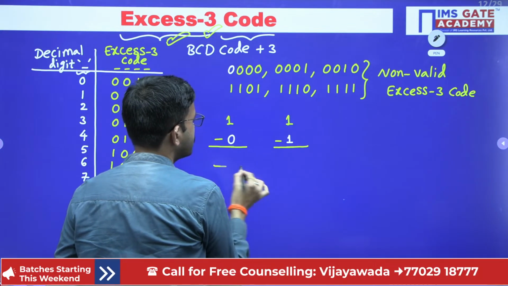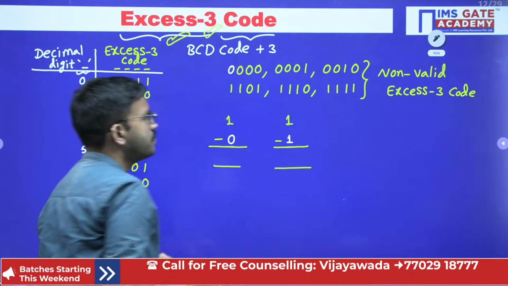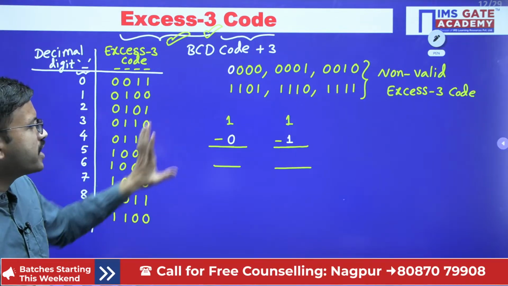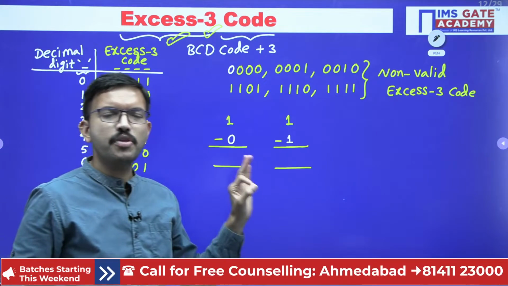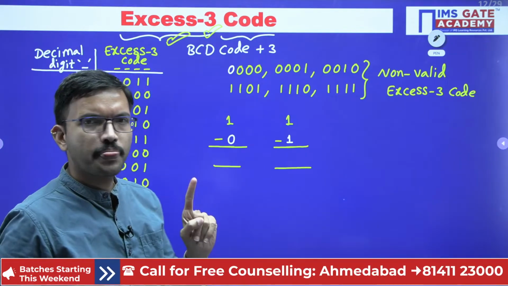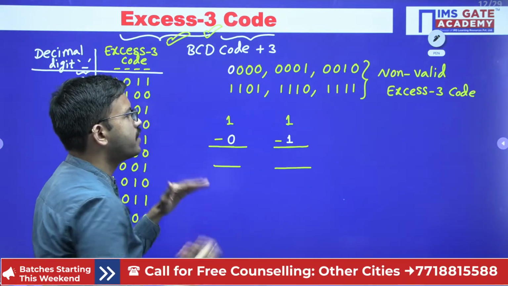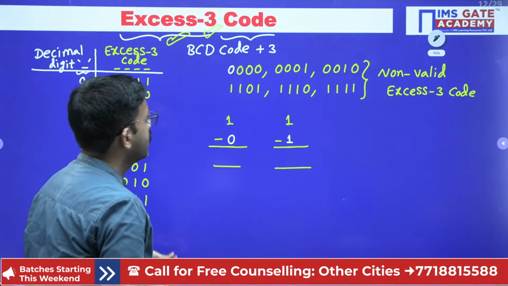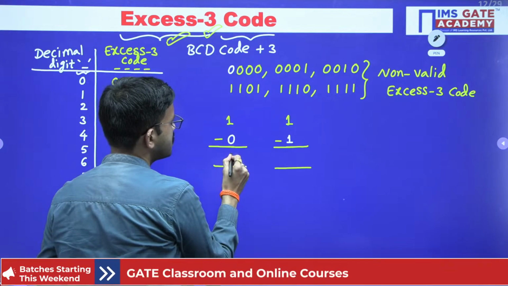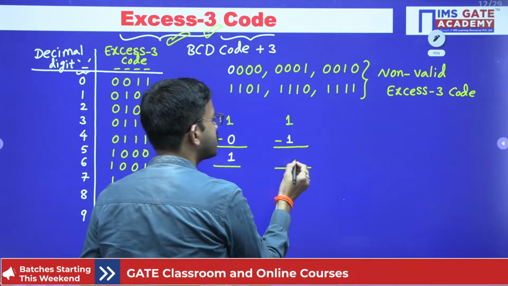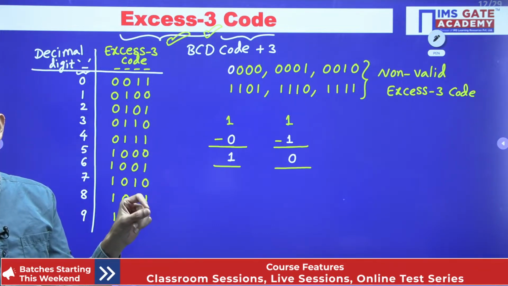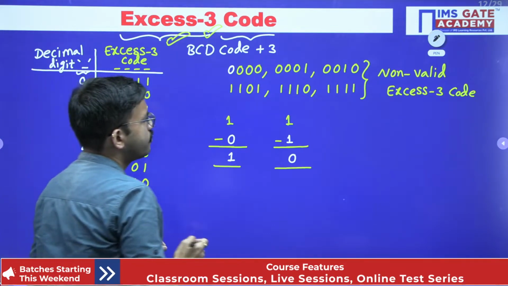In the binary number system, the maximum that you can represent is 1. That's why we can easily subtract each and every bit from the maximum value, that is 1. So 1 minus 0 is nothing but 1, and 1 minus 1 is nothing but 0. This is the meaning of 1's complement.